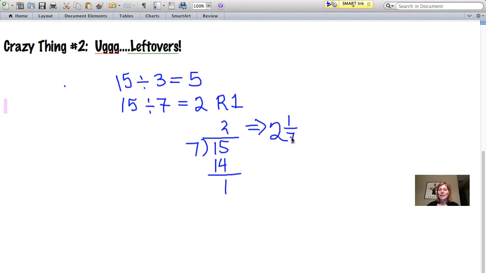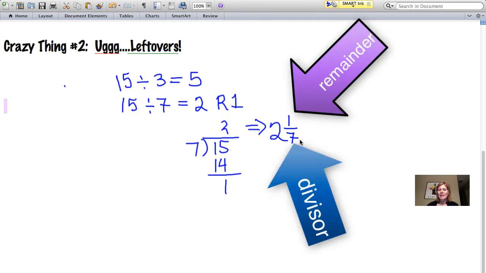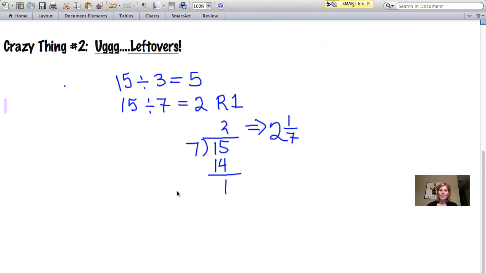I'm just going to write that as 1/7. So 2 and 1/7. You could take the 1, divide it by 7, and get some decimals, but here's a nice exact answer, 2 and 1/7. And notice the 1 is the remainder, and the 7 was the divisor. It's what we were dividing by. Okay, so let's do the same thing with long division and see what happens.